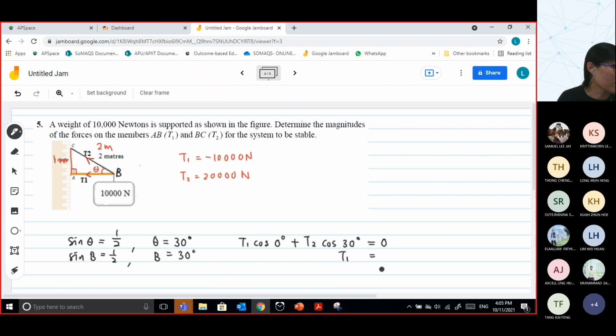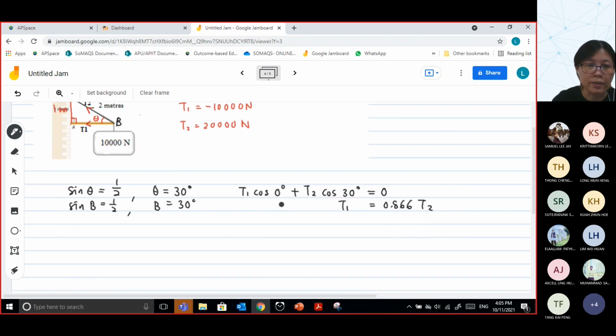Oh, I think most probably my answer is wrong already. Hold on. So cos 30 is square root of 3 over 2, 0.866 T2. I think I realized one of my mistakes. So most of it, this is not the answer. Hold on. I check it out later. So this is the first step.